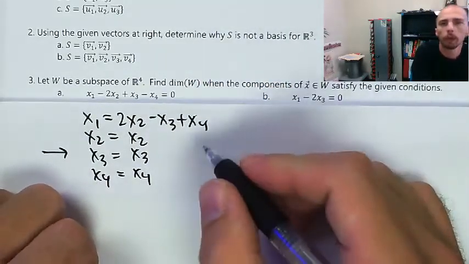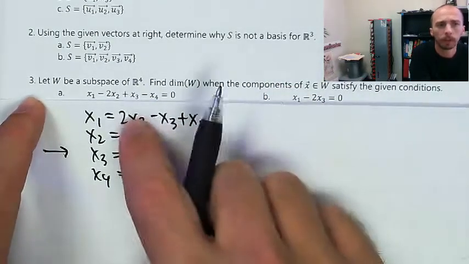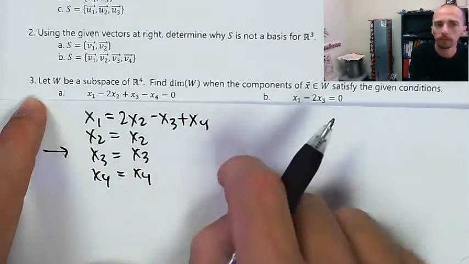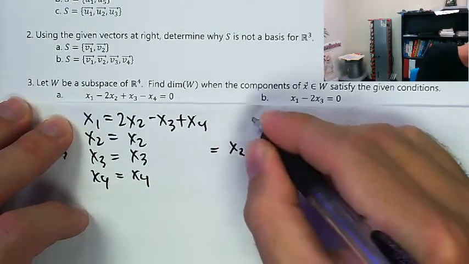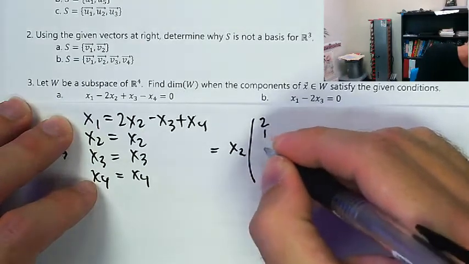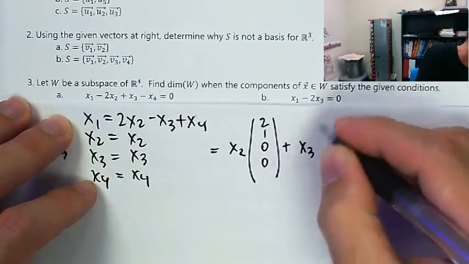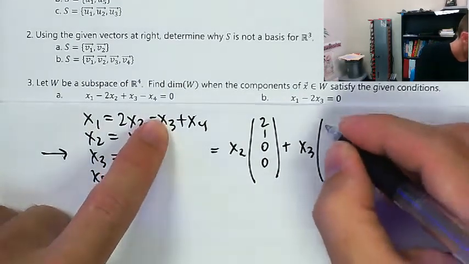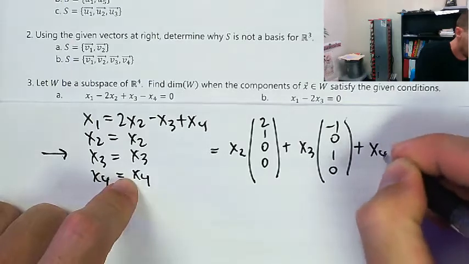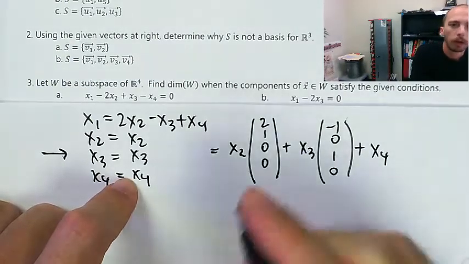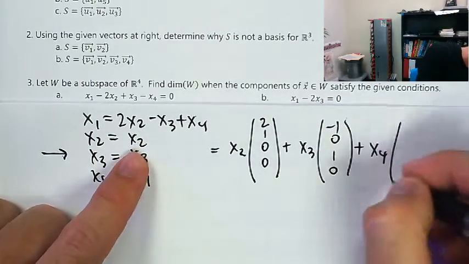Maybe I'll go through it one time to show you why the number of independent variables is the same as the dimension. I'm going to factor out an x2, and I'm left with 2, 1, 0, 0, plus x3 times negative 1, 0, 1, 0, and x4 times 1, 0, 0, 1.